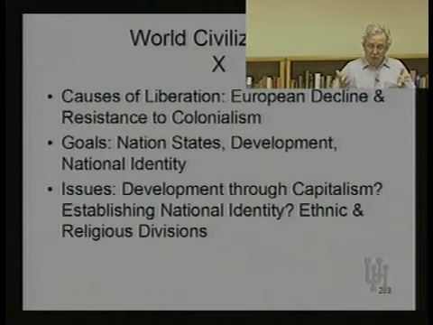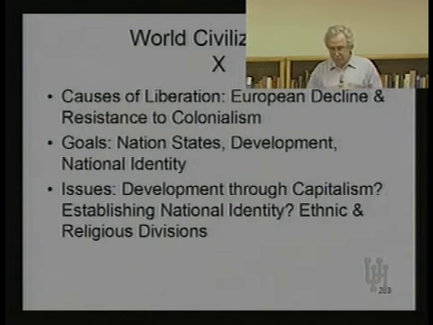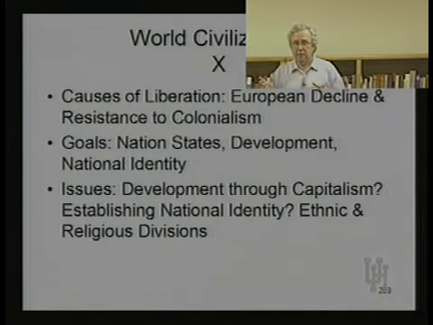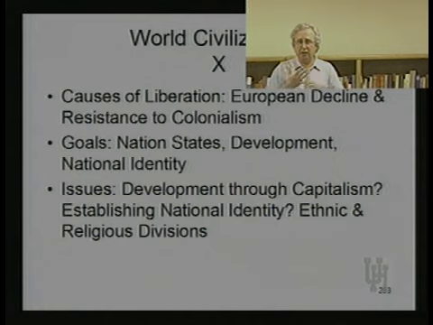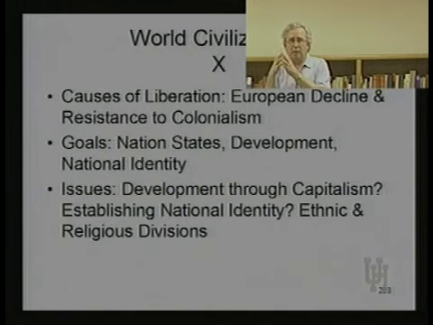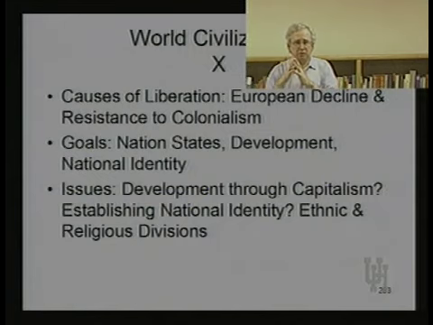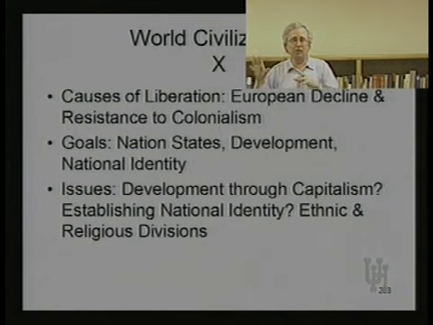The second question was establishing a national identity. And this was not easy. Another legacy of colonialism is that in most of these societies, people of distinct ethnic, religious, racial, and cultural backgrounds were forced together into the same colonial system and emerged as common members of these new states, but often with very little in common otherwise, whether it was language, ethnicity, religion.